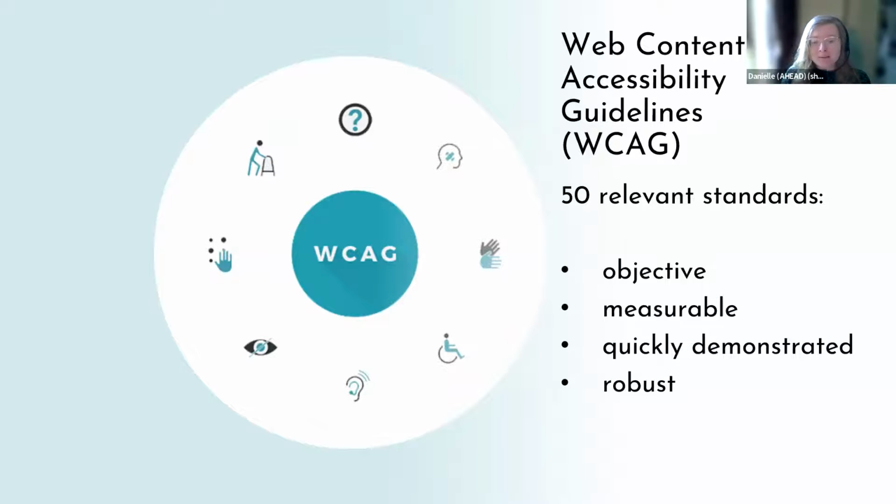Now, for most people here, you will not need to know all of them, don't worry. As we mentioned, there's over 50 relevant standards at the moment. You do not need to know all of them, but it is a good reference point. And if you're ever wondering about the reasoning behind any sort of accessibility requirement, then you can go back and have a look at that.